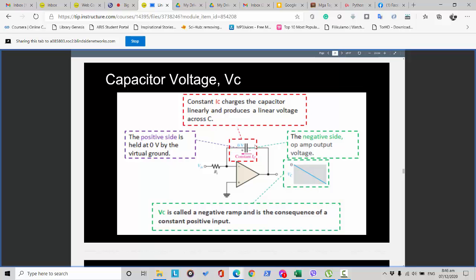Okay, and the negative side of this capacitor is the operational amplifier's output voltage. So therefore the capacitor voltage is called a negative ramp, illustrated by this example, and it is the consequence of a constant positive input.